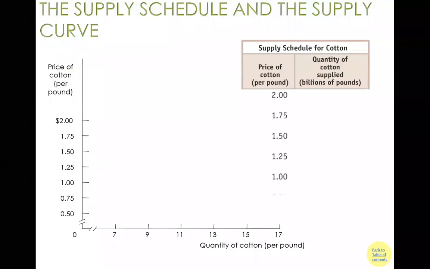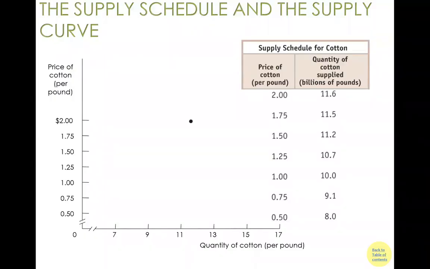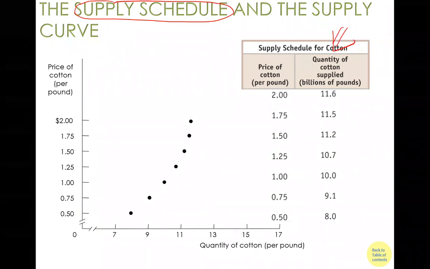Okay? So now we're talking about supply. We are going to use examples to understand supply. Right? So here we have a supply schedule. What is a supply schedule? A supply schedule essentially refers to this table. Earlier we talked about the demand schedule. We have a similar table.